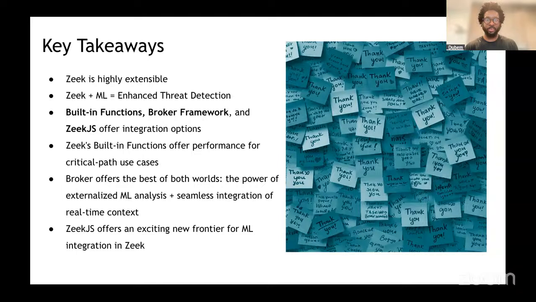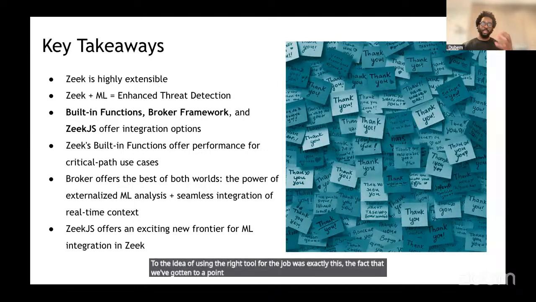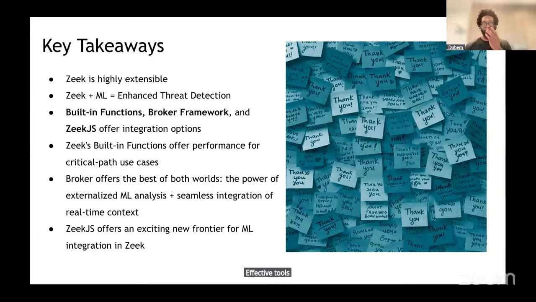How encrypted traffic affects the accuracy of the ML model? So the idea of using the right tool for the job was exactly this, the fact that we've gotten to a point in network security and security as a whole where encryption sort of blunts some of the heretofore effective tools or approaches to detecting certain activities on the network.